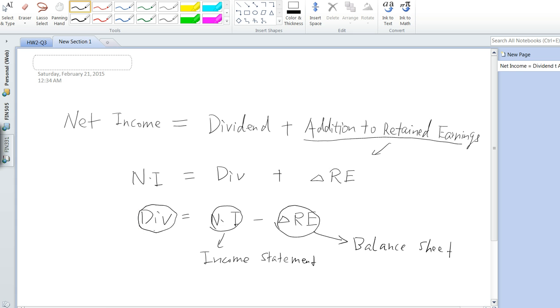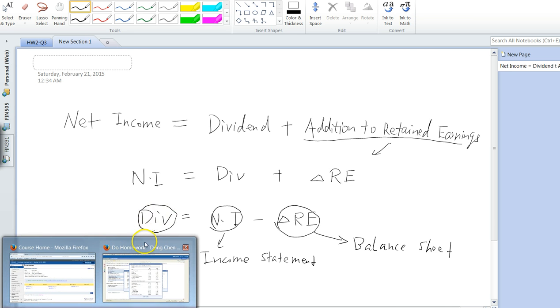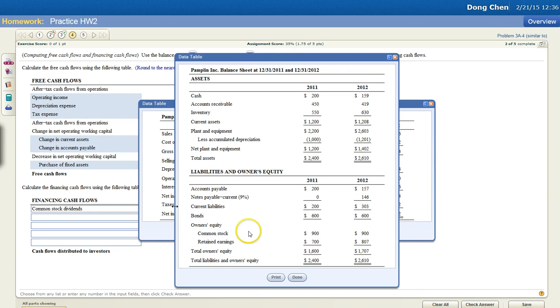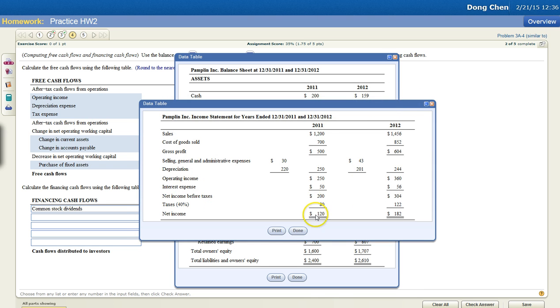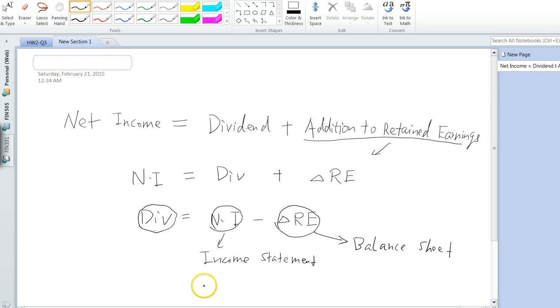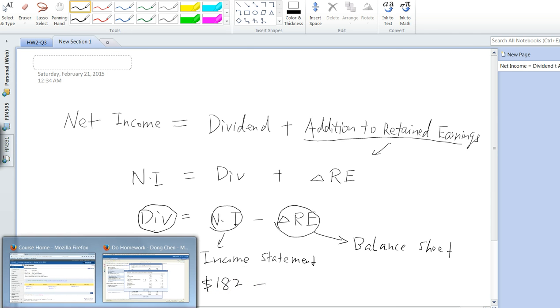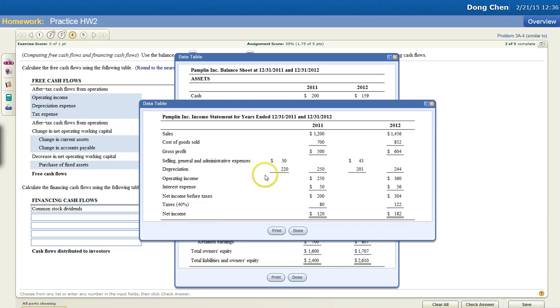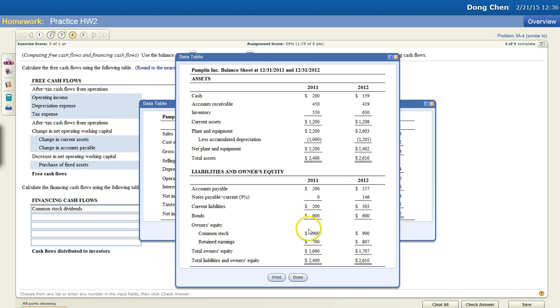So now let's go back to the question. For net income, we know we should find it from the income statement for 2012. That's 182. And what about incremental retained earnings? That part we need to find from the two years of balance sheets. It's incremental.